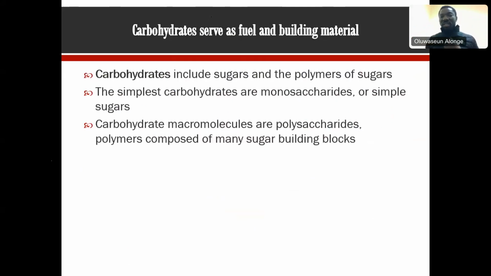They include sugar and the polymers of sugars. The simplest carbohydrates are the monosaccharides, which we call single sugars or simple sugars. Carbohydrate macromolecules are polysaccharides, polymers of monosaccharides. Does that make sense? All right, let's go.